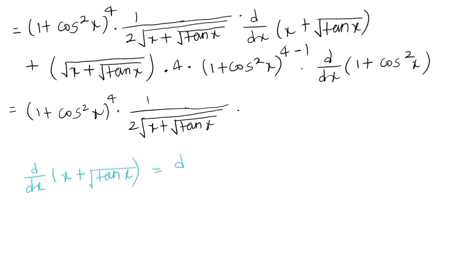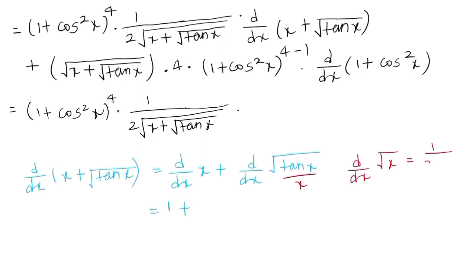So first we will separate out the differentiation because there is addition operation. Now d by dx of x is 1 plus, consider this tan x as x, and d by dx of root x is 1 upon 2 root x. So it will be 1 upon 2 root of tan x.